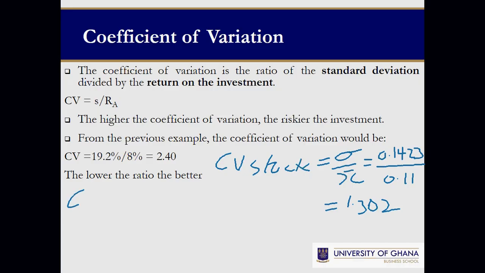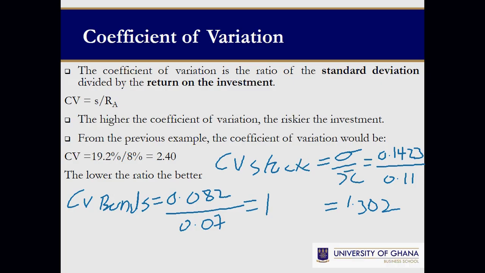So if we check for bonds, then CV bonds is equal to the standard deviation for bonds, which was 0.082 or so, divided by the mean for the bonds, which was 0.07, which is equal to 1.171.